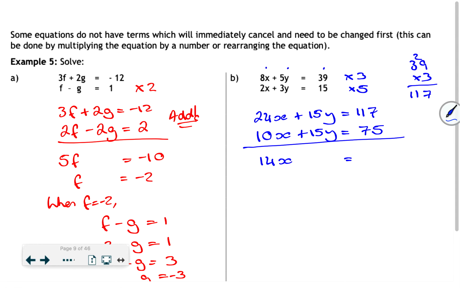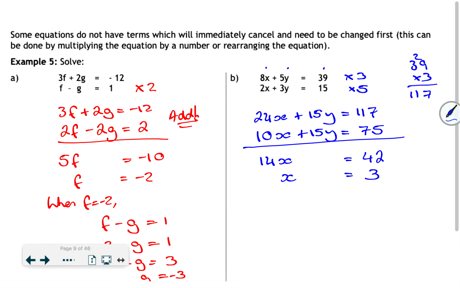Then I'm going to have 117 take away 75, which is going to give me 42. I'm just taking my time to write it. So 14x is equal to 42. So x has to be 3.